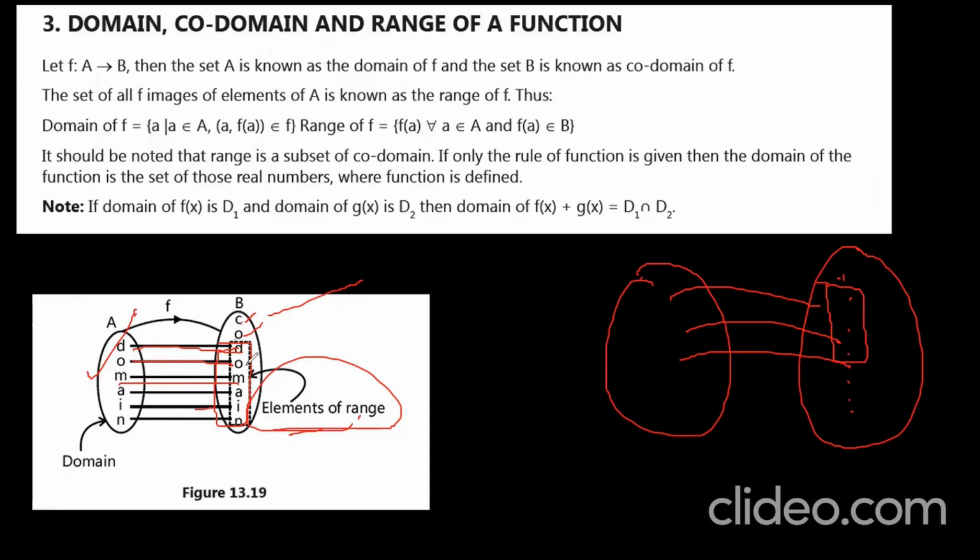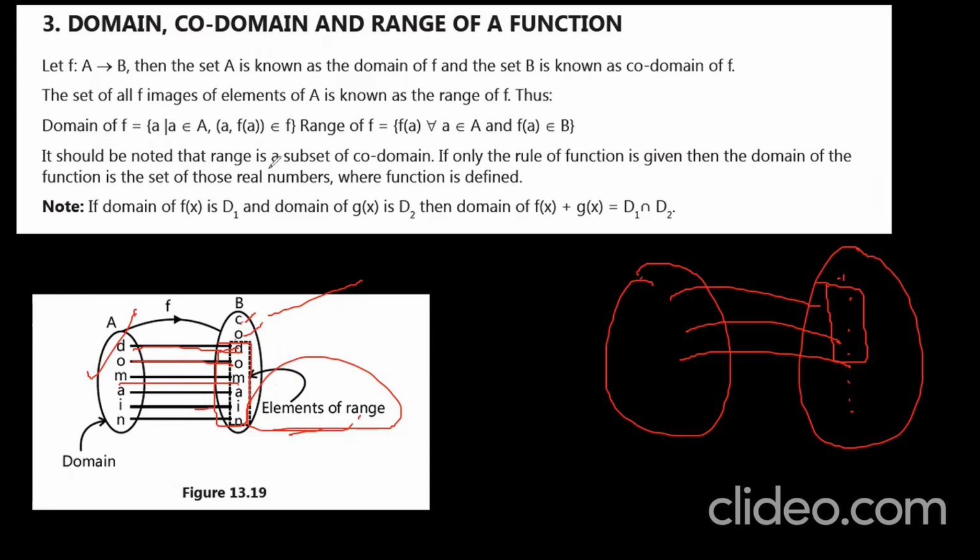Only these elements are considered as range. You understand? Very good. So domain of f is equal to the set of a such that a belongs to A and f of a belongs to B. Range of f is f of a for all a belongs to A, where f of a belongs to B.